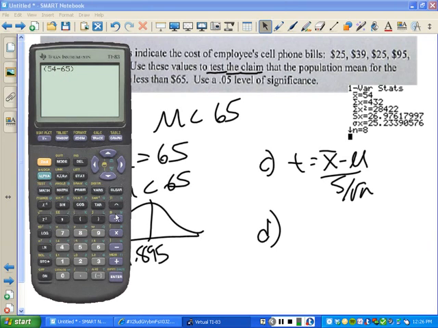54 minus 65 divided by 26.98. Ooh, what's wrong with what I did here? I didn't put the parentheses. You're going to get a jacked up answer if you do that. Oh, he rounded it. Don't blame me, Sean. Square root of n.